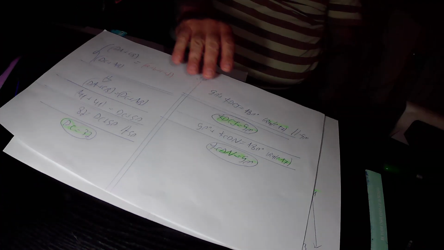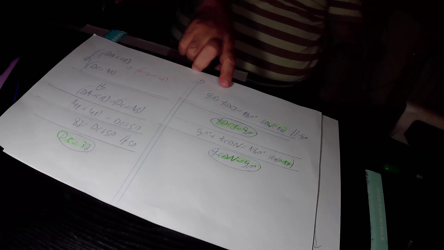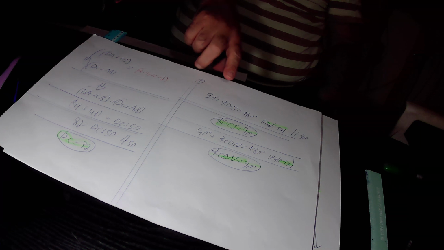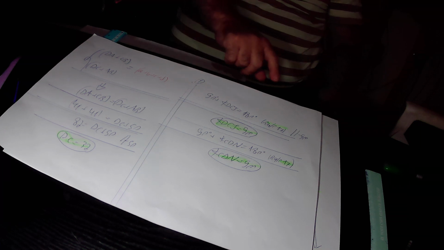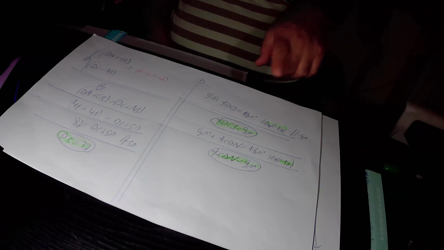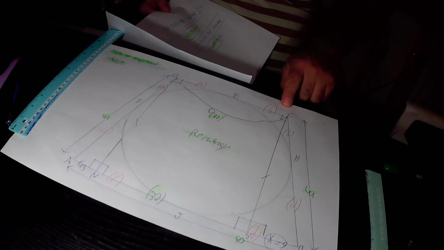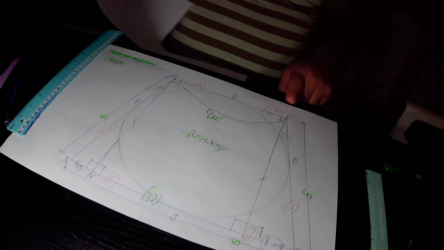Again, 90 degrees plus the missing angle DCJ in total must be equal to 180 degrees. Here we subtract 90 degrees from this equation and find out that the missing angle DCJ equals 90 degrees in its size.